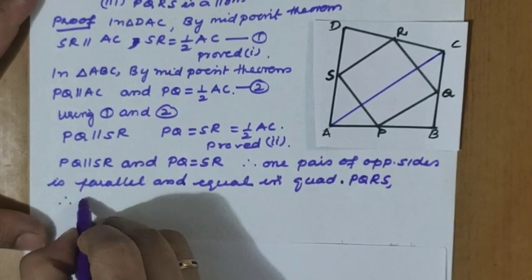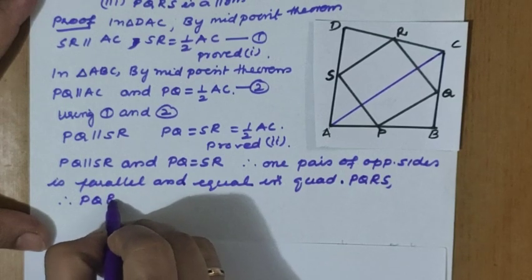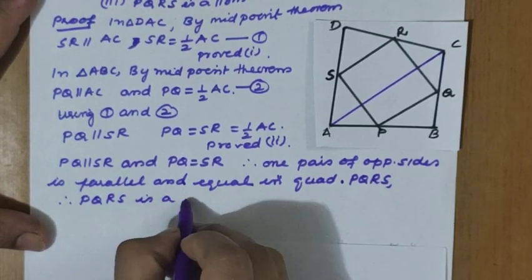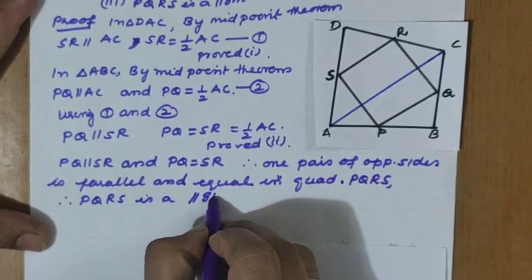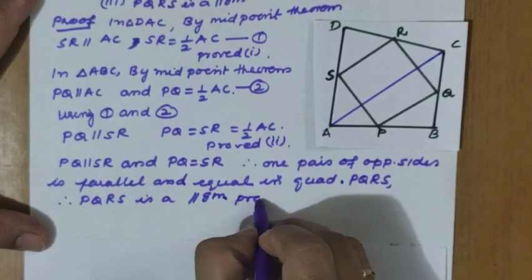Therefore, PQRS is a parallelogram. Proved 3.